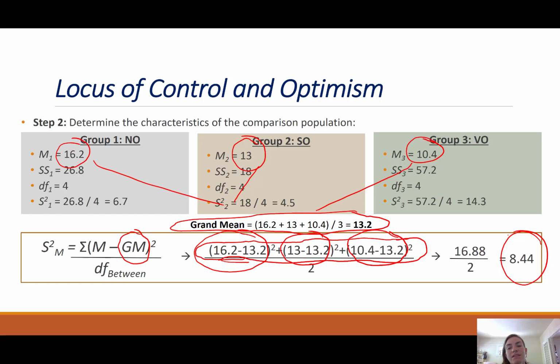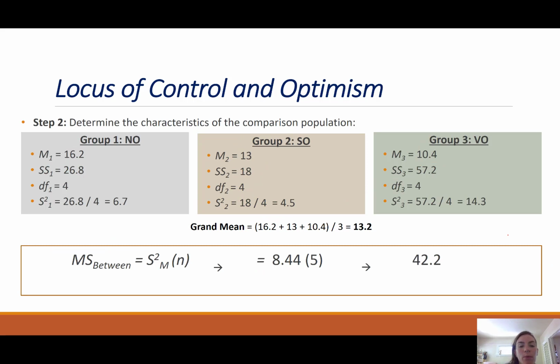Now this is the variance of a distribution of means. So we calculated the variance using sum of squares over degrees of freedom, but it's for a distribution of means because we used group means to get this value. So now we need to work backwards from the variance of the distribution of means to the variance of the populations.